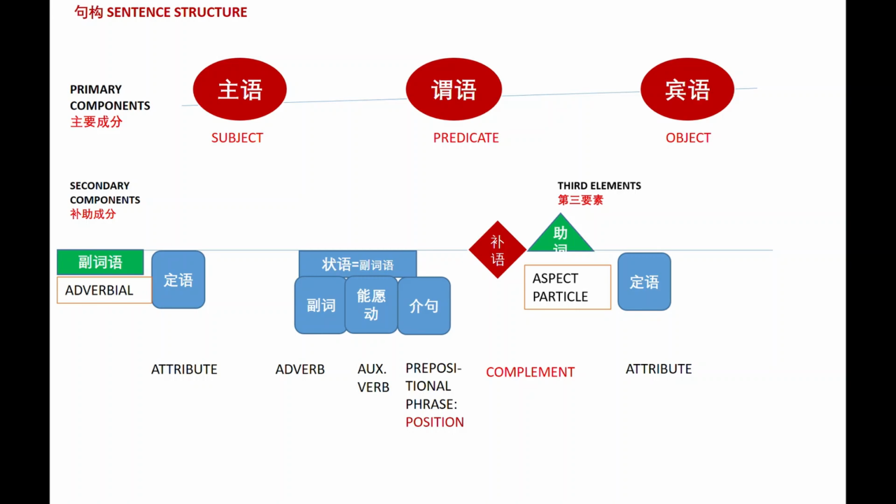Next, 语气助词, mood particle. 动态助词 dictates primarily what in English are called tenses, though slightly different. And 语气助词 dictates the kind of sentence or the mood of the sentence.